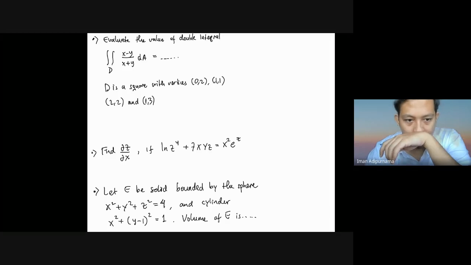If you find the answer for number one, you can write it in the chat box.